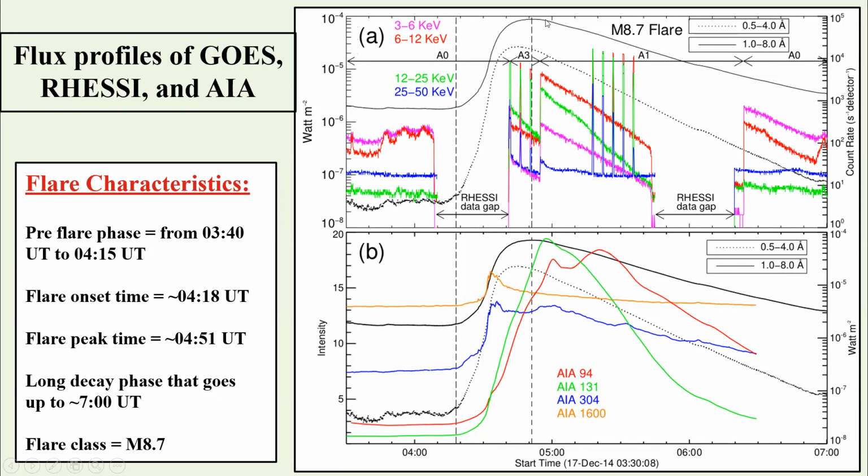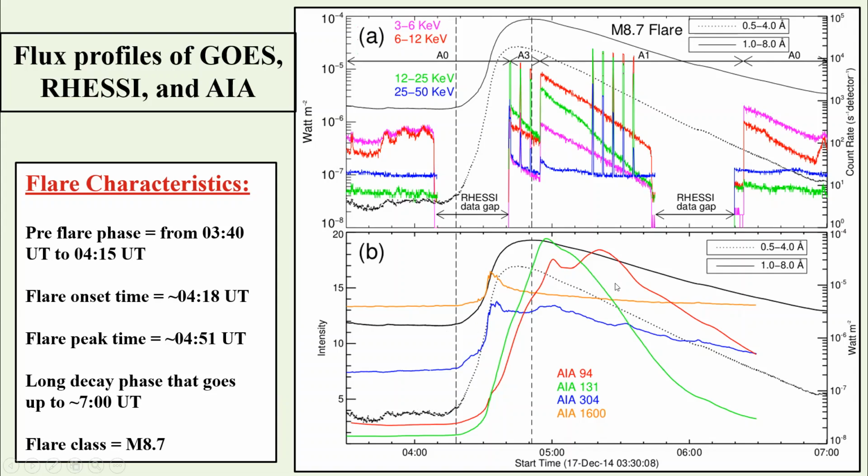You can see several curves. In the top panel A, you can see the GOES X-ray flux at 0.5 to 4 angstrom and 1 to 8 angstrom, and the different colored profiles are the RHESSI X-ray profiles in 3 to 6, 6 to 12, 12 to 25, and 25 to 50 keV energy bands. So we combined the X-ray flux from GOES as well as from RHESSI. These are two different spacecraft, and they observed the same location at the time of the flare.